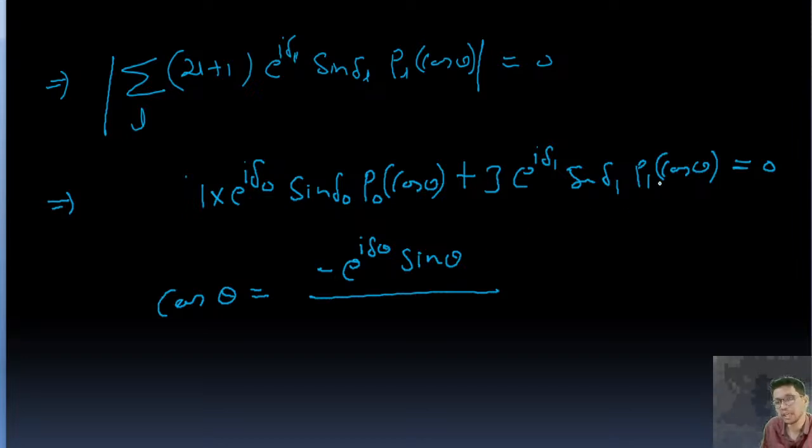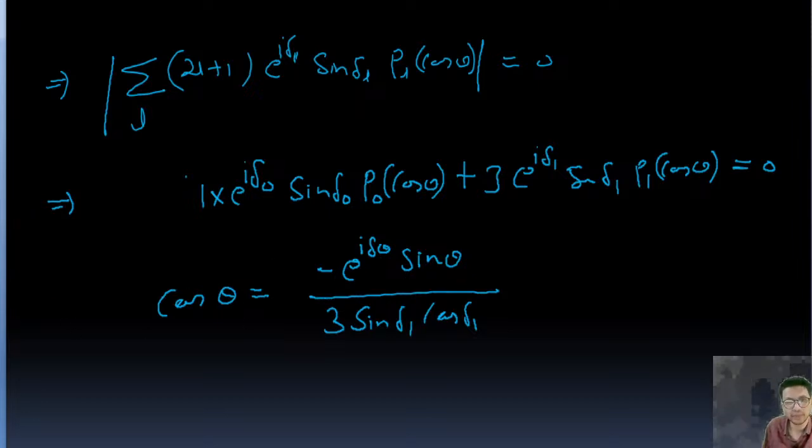This P_L cos theta, this Legendre polynomial, P0 cos theta value is 1 and P1 cos theta value is cos theta, guys. Okay, so this upon 3 sin delta 1 cos delta 1. Okay, so this is the value.